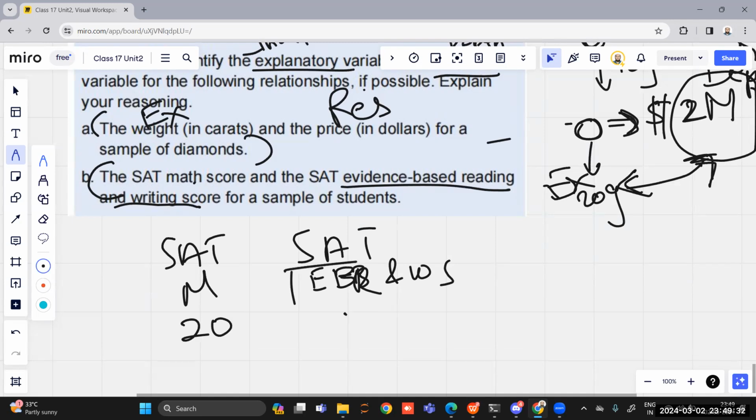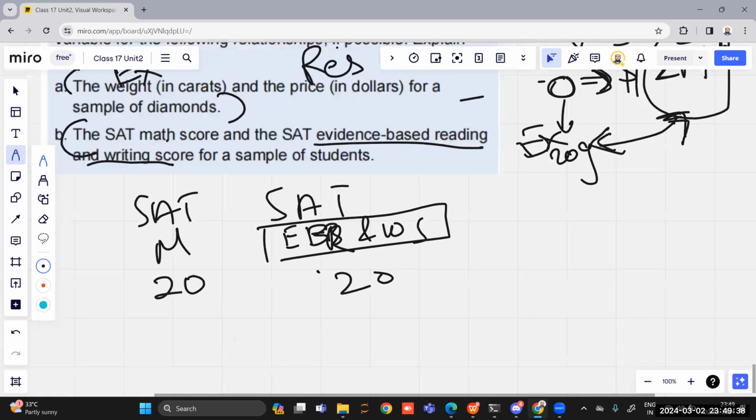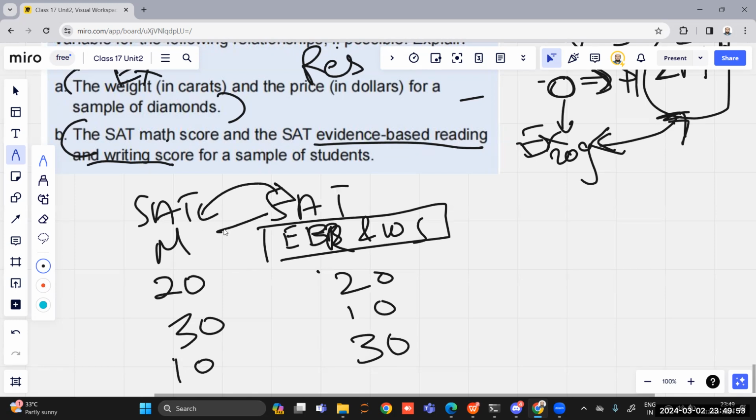It's based on his skills in writing and listening. So he can score 30 in maths and 10 in writing also. Or if he scores 10 in maths, he can score 30 in writing also. There will be no correlation, because there is no relation that whoever does maths better will do writing better also.